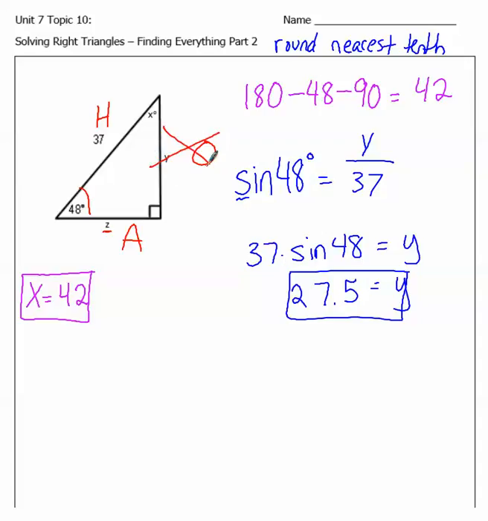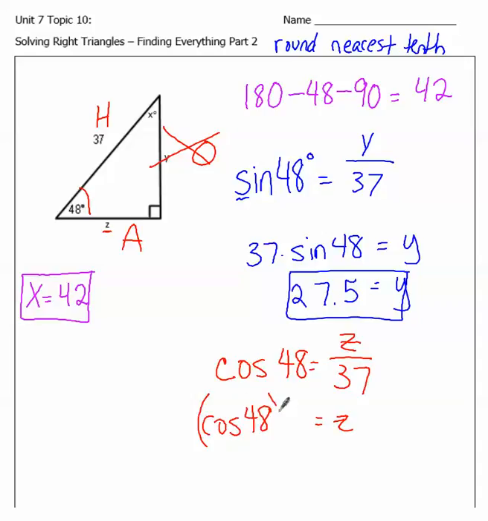So now I'm doing A and H. AH, that's CAH, and the C stands for cosine. So cosine of 48 equals adjacent over hypotenuse. I'm going to be multiplying again, with my variable on top. Cosine of 48 times 37.